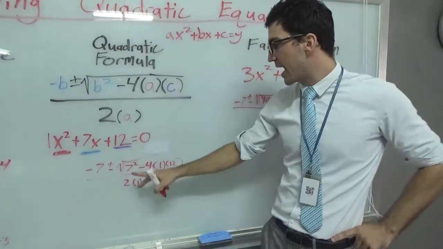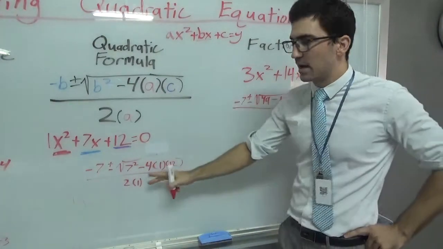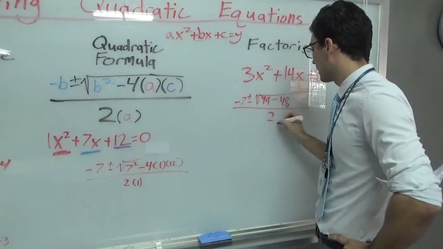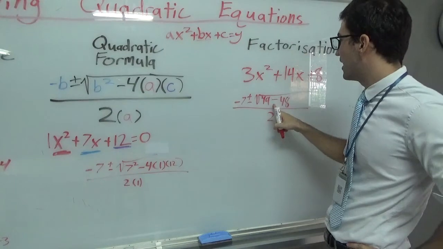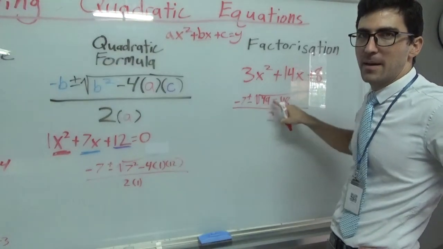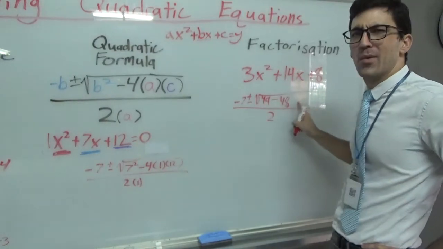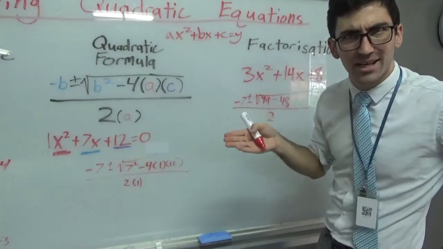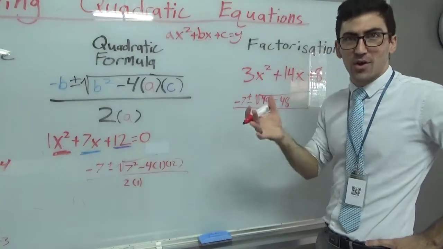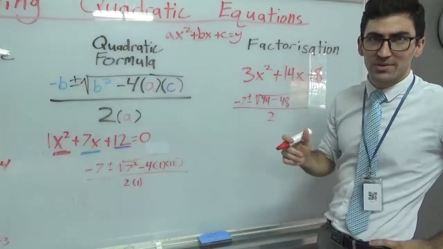As I go across, I'm just doing the multiplication. So the next step we do is we subtract 49 minus 48. Well, we know that that's 1. That's very easy. And we know that the square root of 1 is 1. So our next step is going to be super simple.